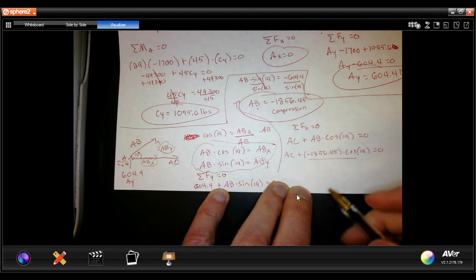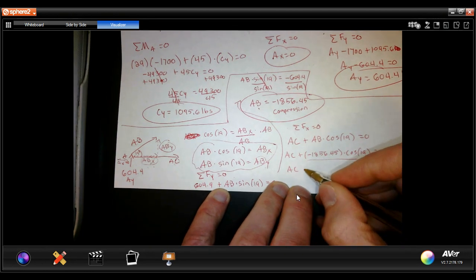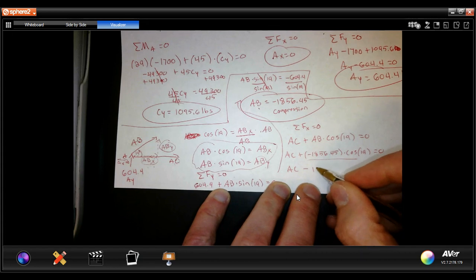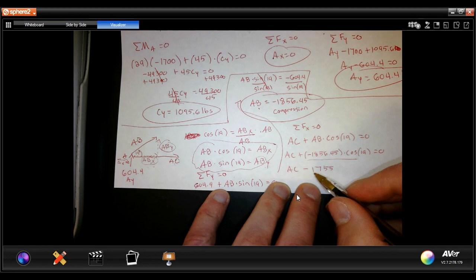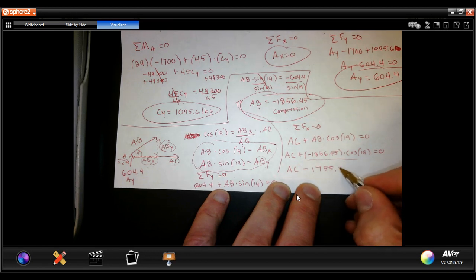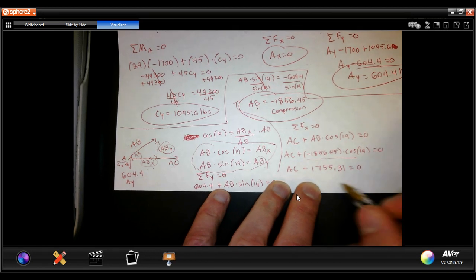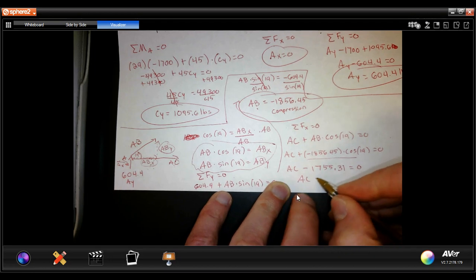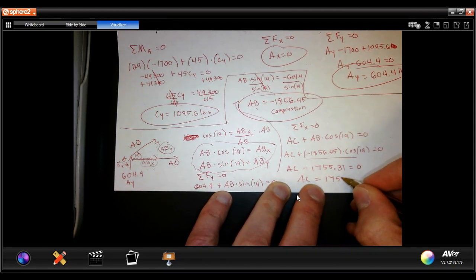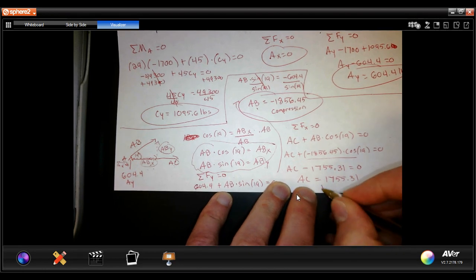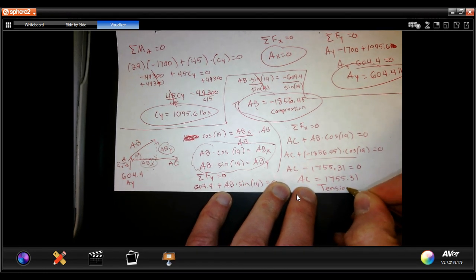So when we do that, you get AC minus 1,755.31 is equal to 0. Then you add that over. So AC is going to end up being positive 1,755.31. So because it's positive, it's in tension.